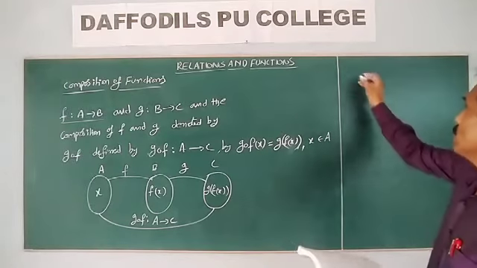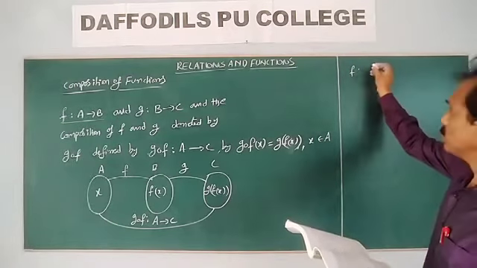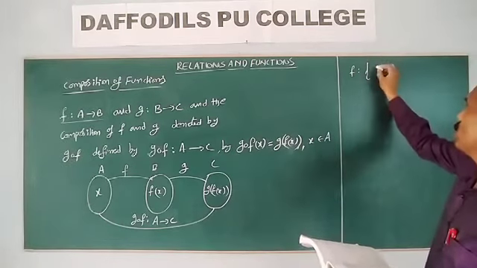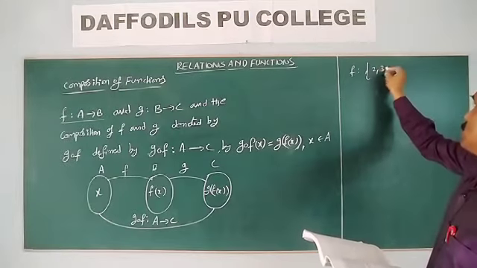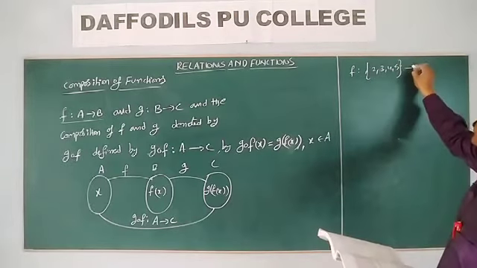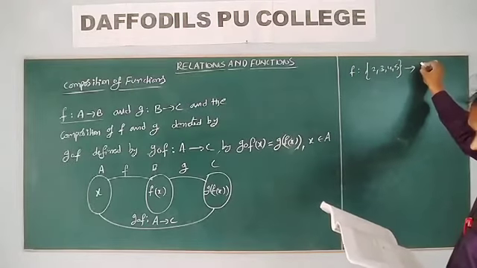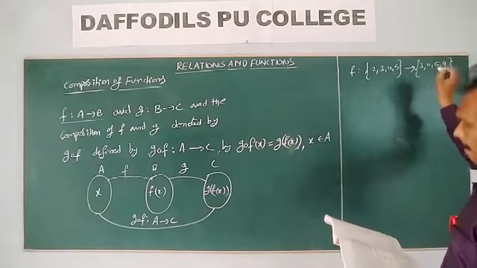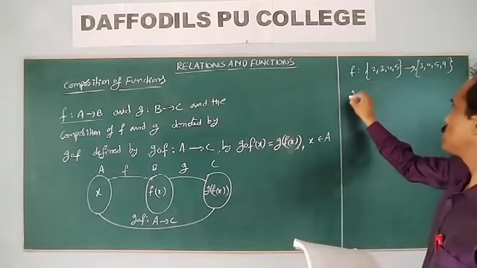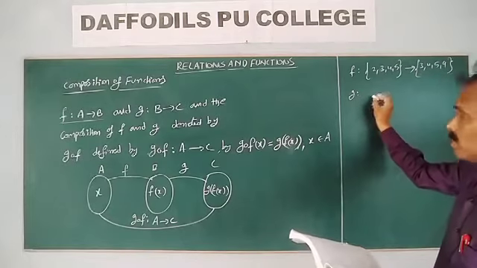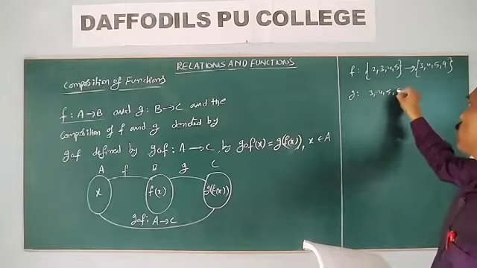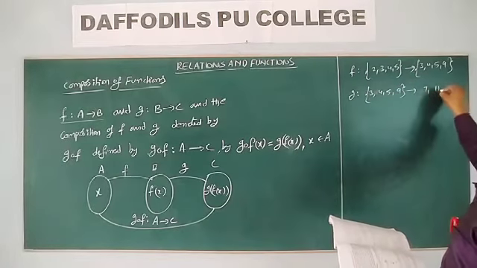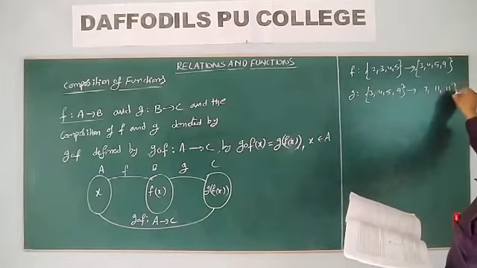One example we take. Let f map the set 2, 3, 4 to 3, 4, 5, and g map 3, 4, 5 to 7, 11, 15.